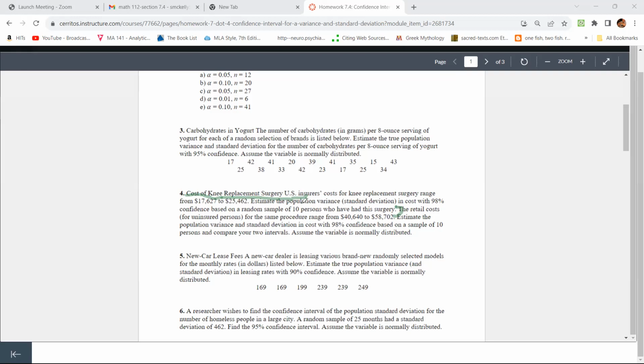Now, the question for most students is, okay, if we go back to the formula for the confidence interval for a variance, we have something like this. It's n minus 1 times s squared over, remember, these look like they're reversed, but remember, chi-square right is larger than chi-square left.